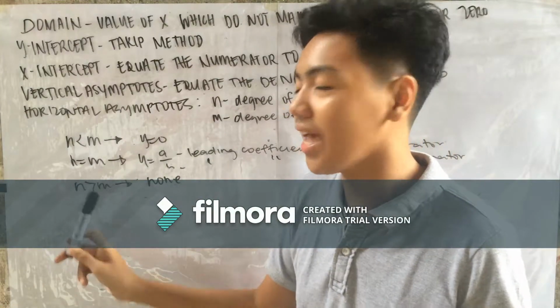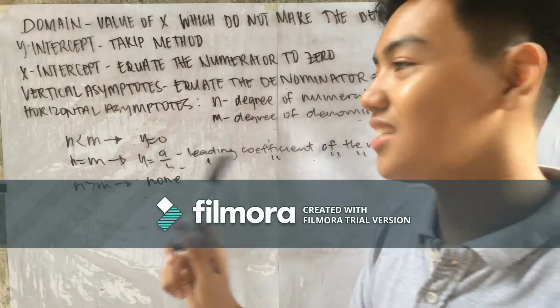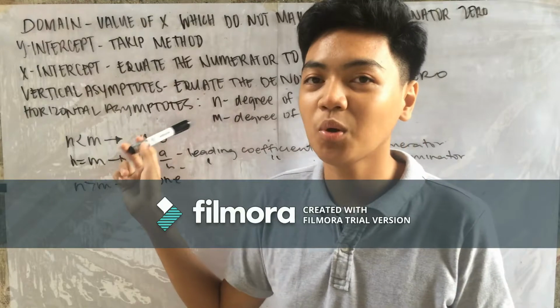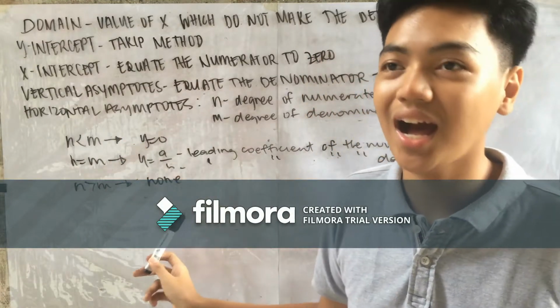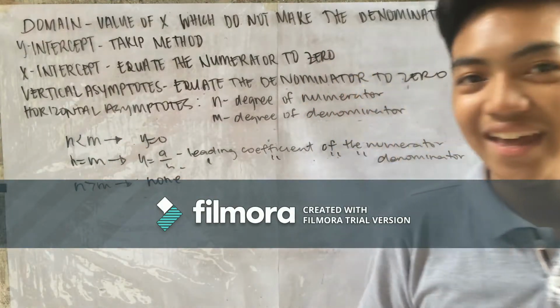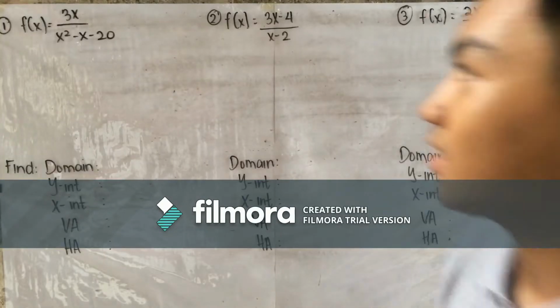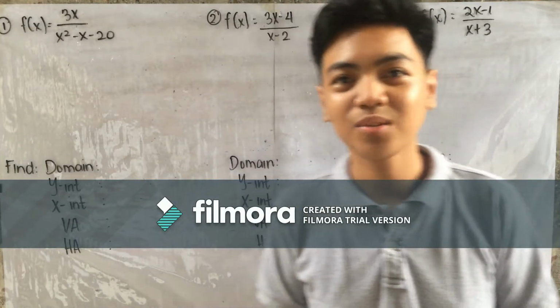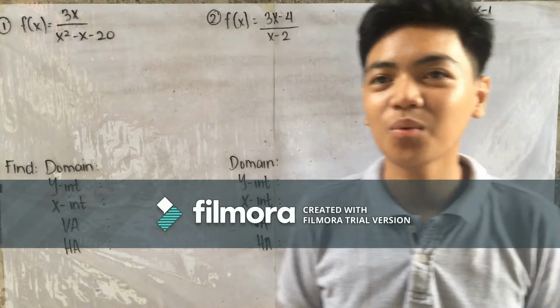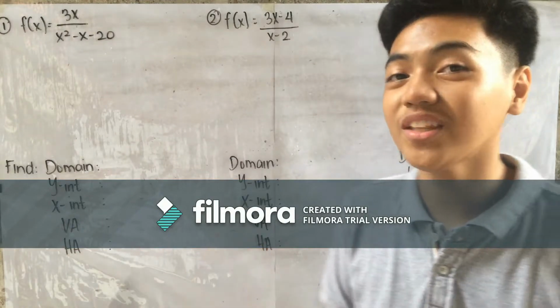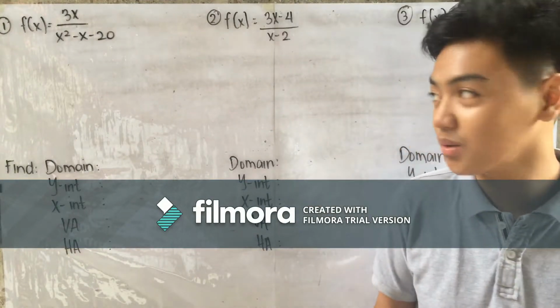Then if n is greater than m, there is no horizontal asymptote. Iba yung 0 sa wala. So, yeah. So ngayon, I have examples here. Then we will find the domain, y-intercept, x-intercept, vertical asymptote, and horizontal asymptote.